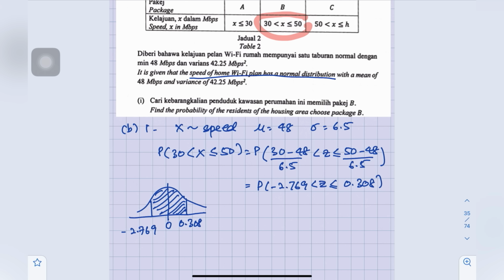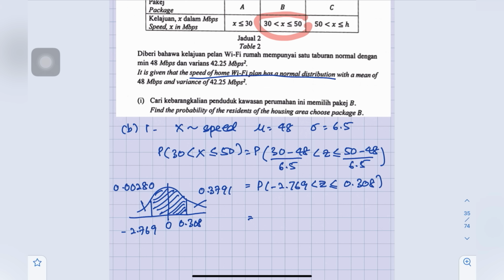To find this probability, we have to look up the left side from the table. This one is 0.3791, and this one is 0.00280. You all use the normal table.